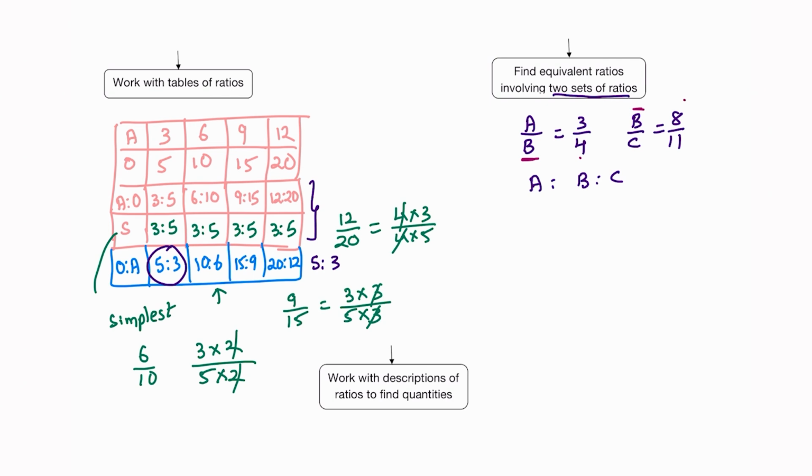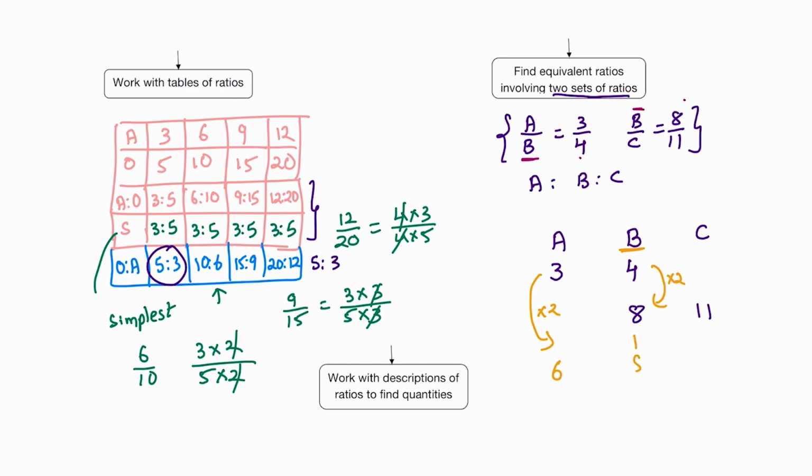So the process here is this. We write A, we write B, and we write C. This part A has to B, so that's 3 and 4. Then we go here, B has to C, 8 and 11. So first we simply write what is given to us. Now, because for B we have two values, we are going to work with that and see how those two values relate. How does this relate? 4 times 2 is 8, right? So what do we do here? We will do 3 times 2. So that gives us 6.